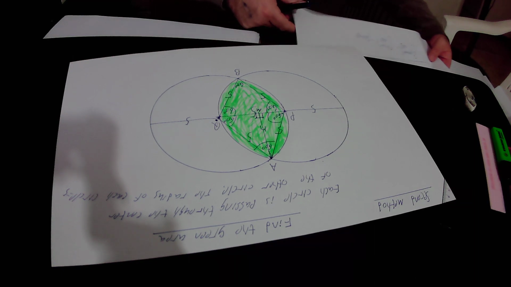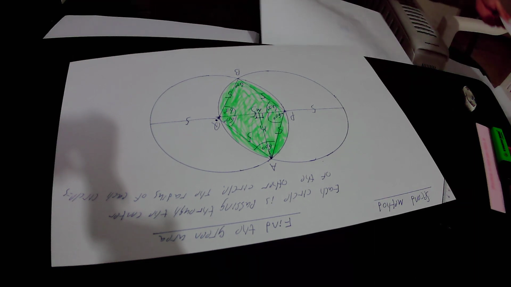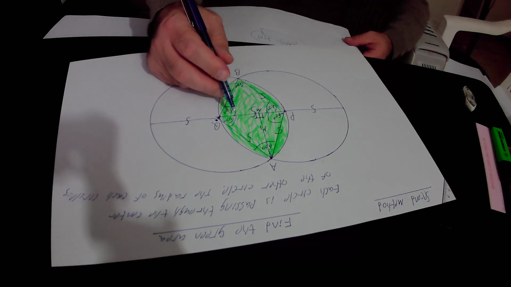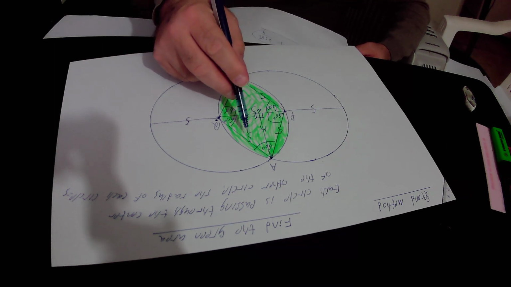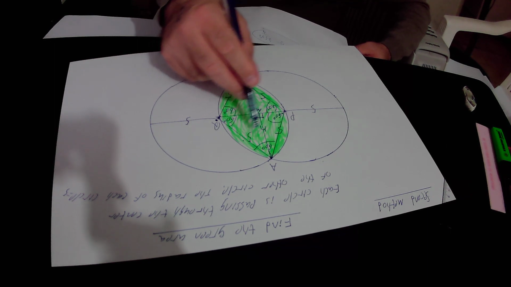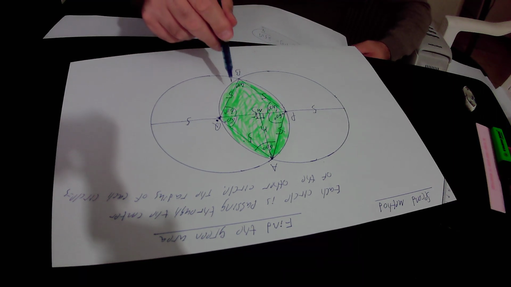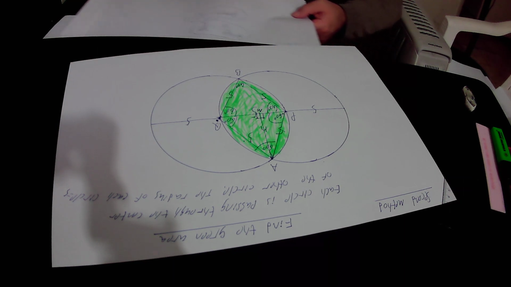Therefore, we can multiply the area of segment AQ 4 times, and we will get the area of segment AQ plus the area of segment AP plus the area of segment PB plus the area of segment QB. Okay?